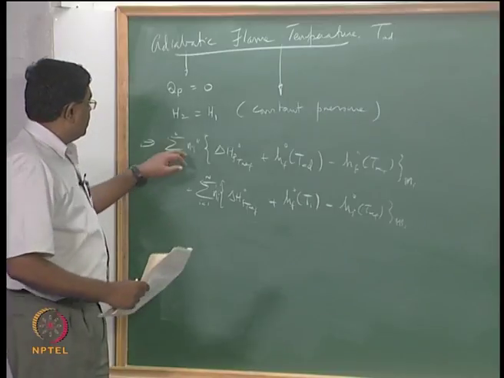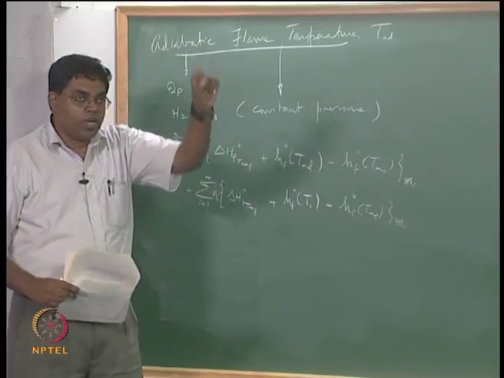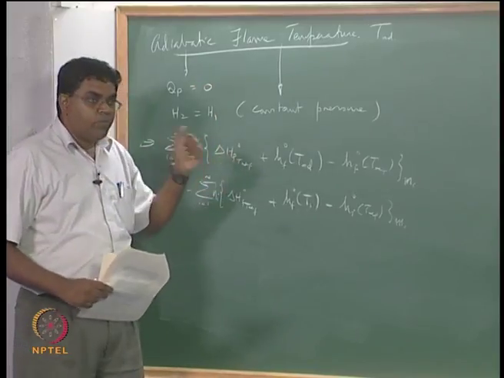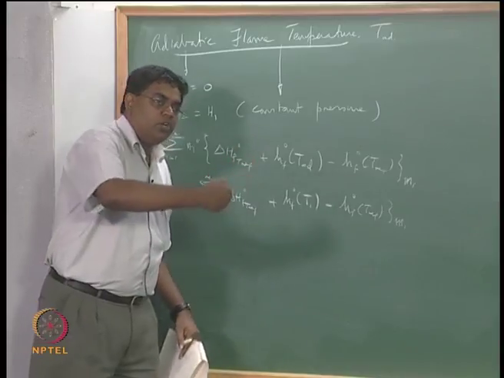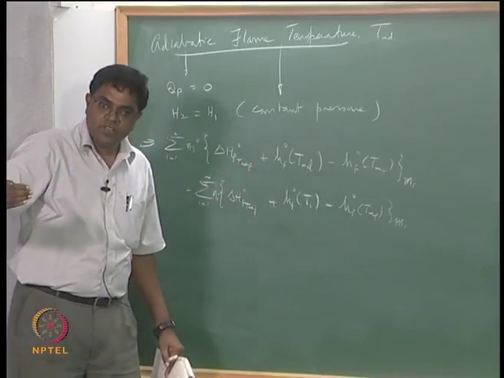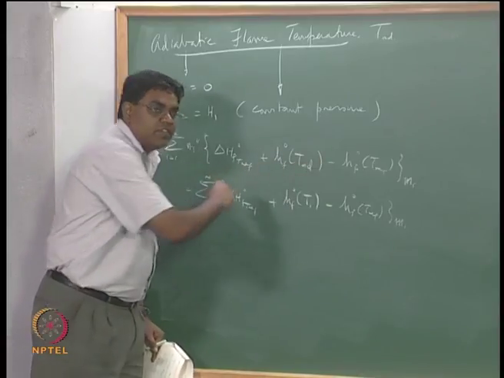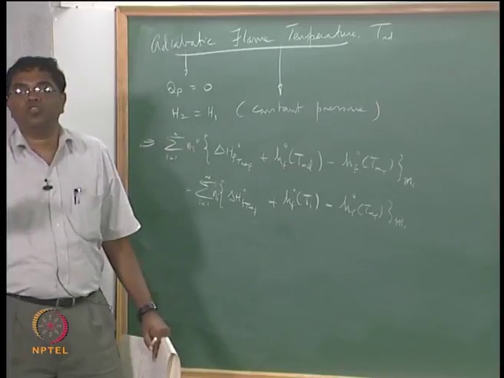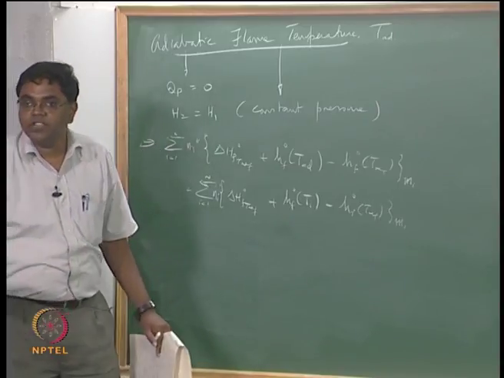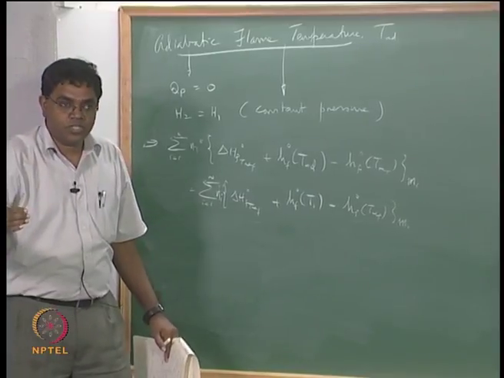If you're given ni double prime, you now have to look at one particular temperature for which you could look at the tables for the different species, at that temperature, and find out what this is and then see if it matches with the RHS, and then the temperature that you chose for looking at the tables for each and every species in the sensible enthalpy is right. If not, you start with a different temperature.